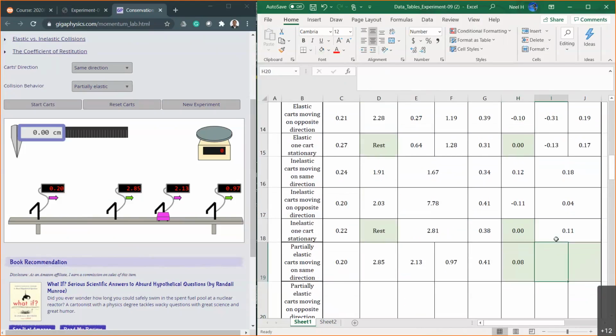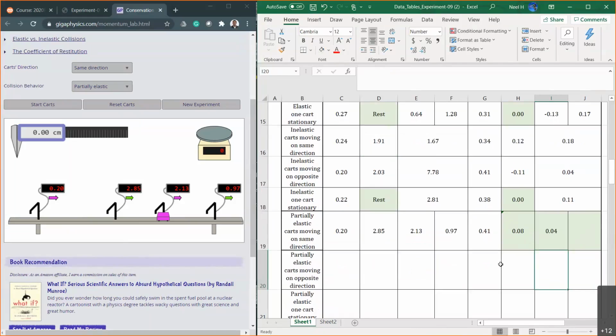Card number 1, length of that, 0.0825, divide by time for the card number 1 after collision, cell value E19. Card number 2, length 0.2225, divide by card number 2 after collision, cell value F19.